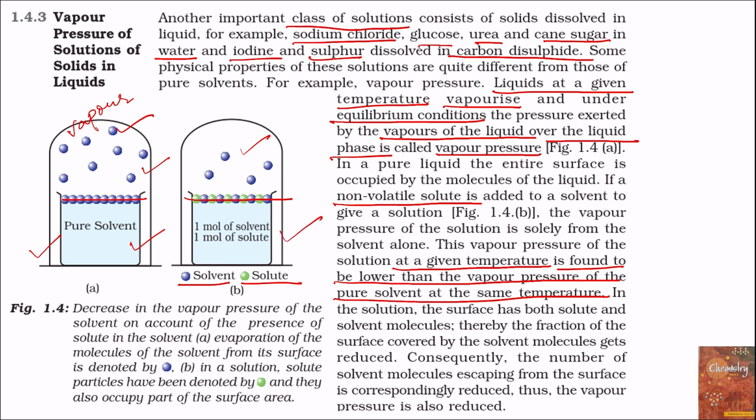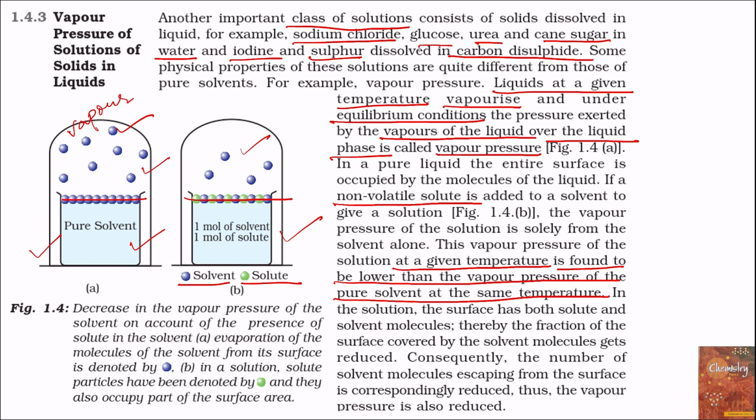But in case of a solution of a non-volatile solute in a solvent, what happens? The surface of the solution has molecules of the pure solvent as well as the molecules of the non-volatile solute, because of which the number of molecules of the solvent escaping into the vapor phase decreases, as a result of which the vapor pressure of the solution decreases.